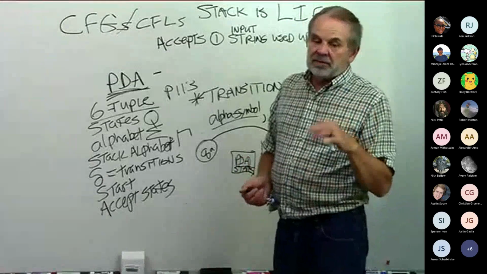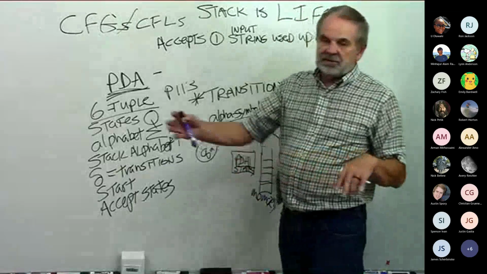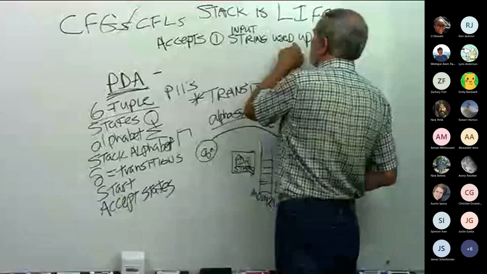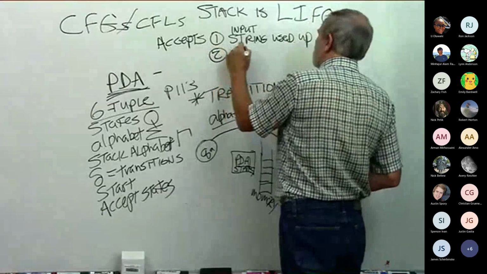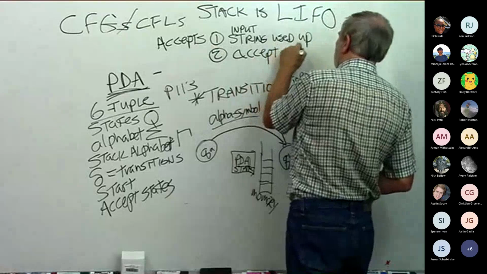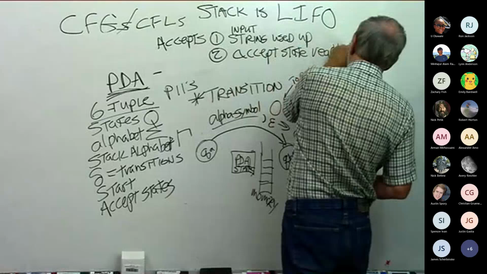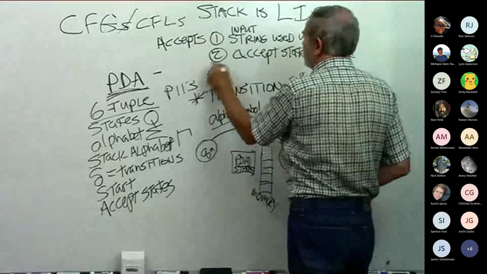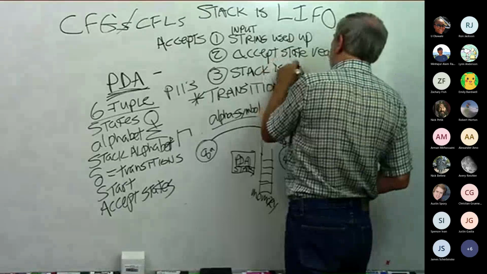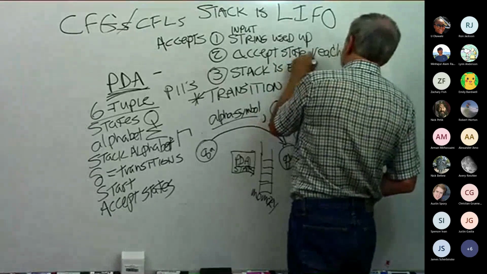Similar to a non-deterministic automaton, it cannot accept unless you've looked at all the characters. So input string used up, we get to an accept state. We reached the accept state, and the final thing is that the stack is empty.